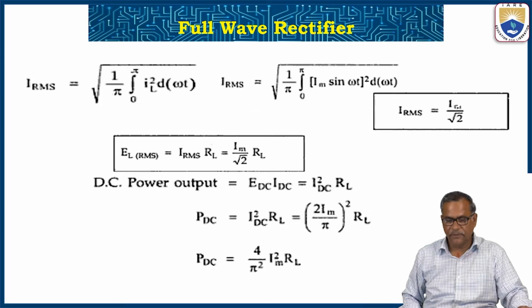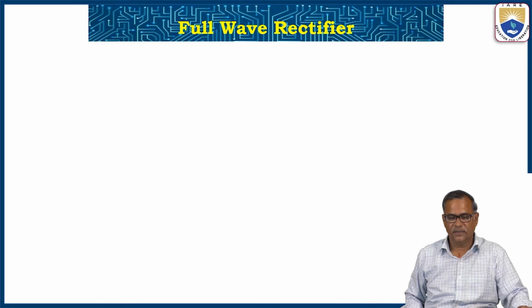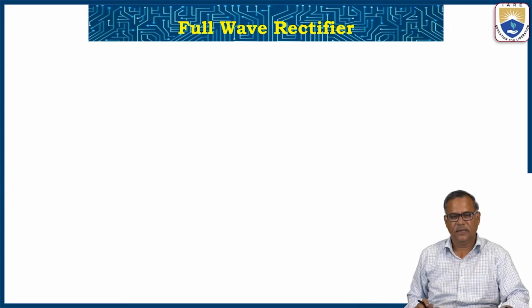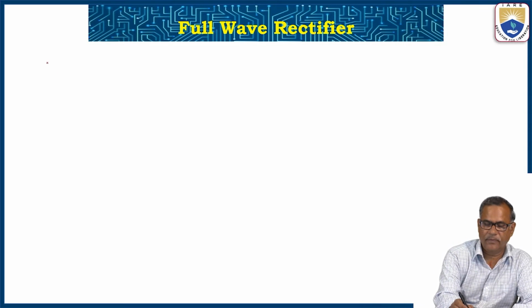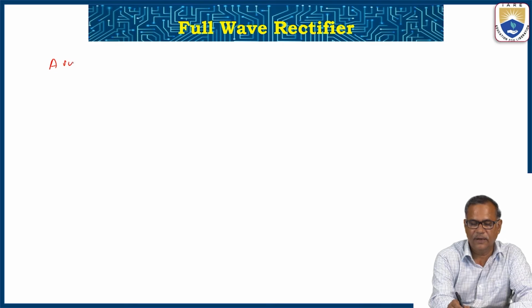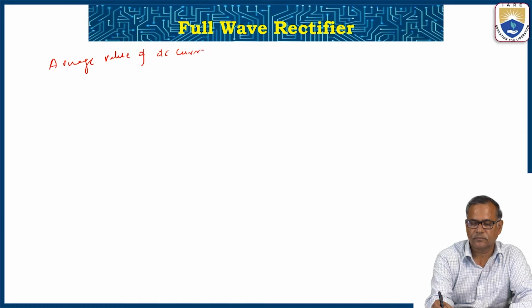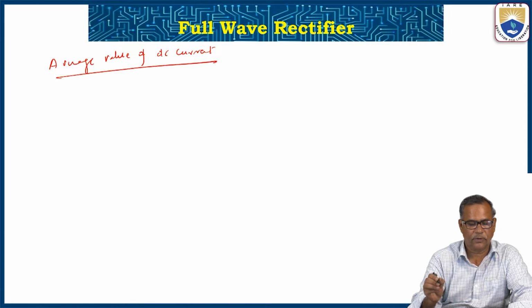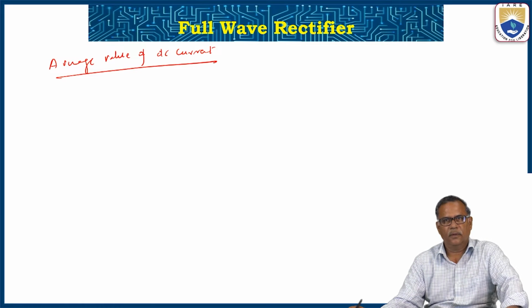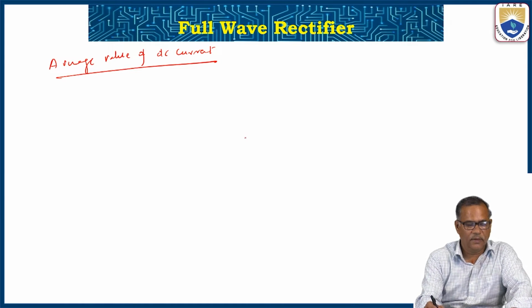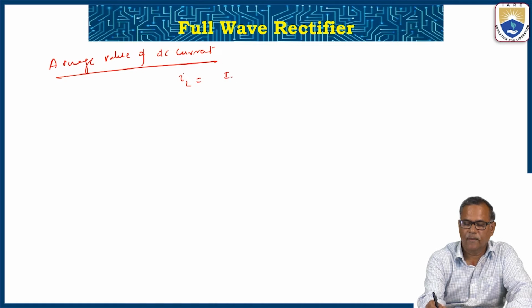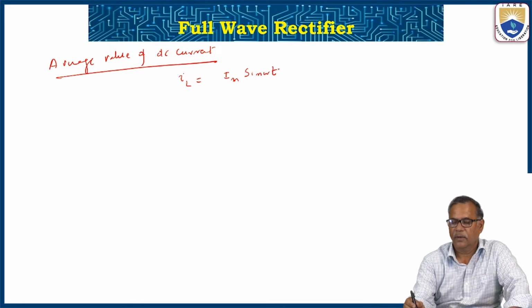Now let us find the various parameters for this full wave rectifier. First is the average DC current. The load current is IL equals IM sine omega t.